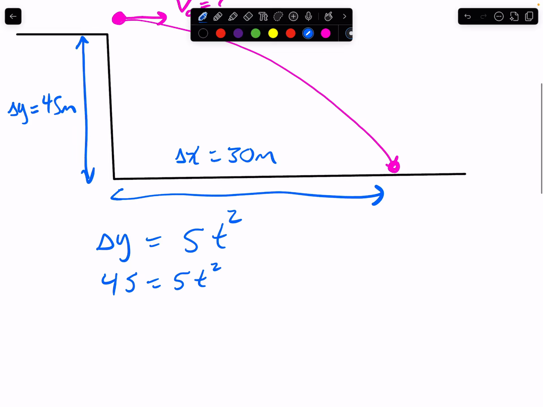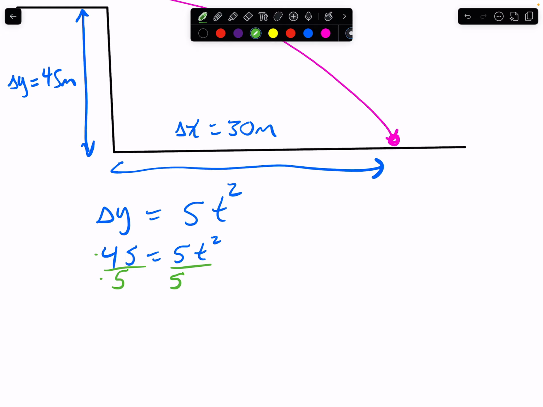To get the t by itself, the first thing is divide both sides by 5. On the left, 45 divided by 5 is 9. 5 divided by 5 is 1. So I just have 9 is t squared.